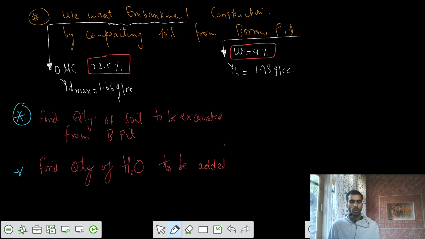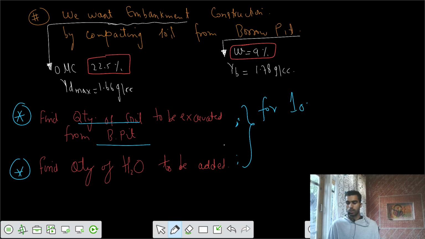We can calculate the quantity of soil from the borrow pit, but for how much? What is the total need in the embankment? I would say for 100 cubic meters of soil, finished product.